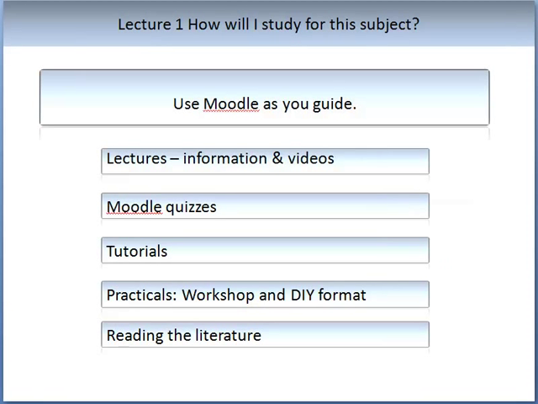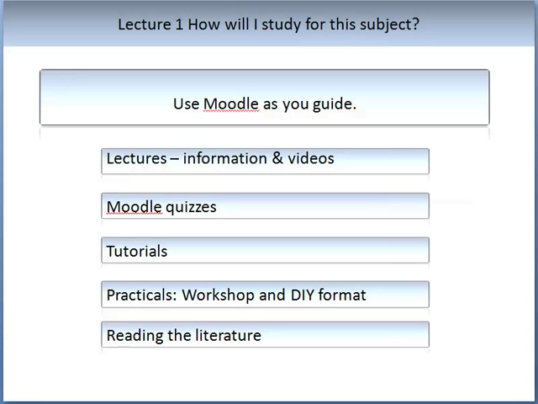In this slide, we will look at how you can study for this subject. You have a total of 10 hours per week assigned to this subject, and using Moodle as your guide, you will start with Lecture 1 and follow the lectures in the specified order. Once you have completed each lecture, a quiz will follow.